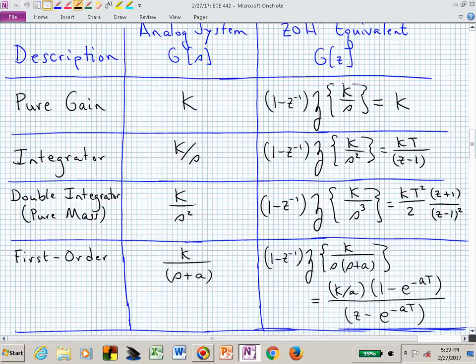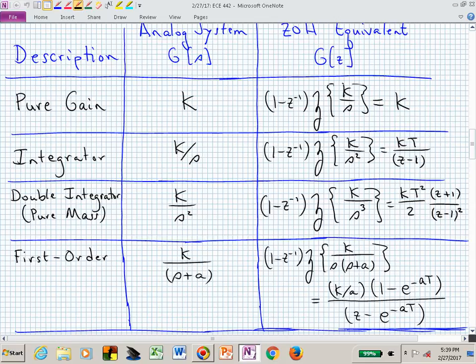And if we simply had something as straightforward as a first-order system with a gain k over s plus a, now we end up with a g of z that maybe looks messy, but it's really very similar to this first-order system. If you look at where the pole is sitting in the z domain, that's at z equal to e to the minus at, which is consistent with a pole at minus a in the s plane.